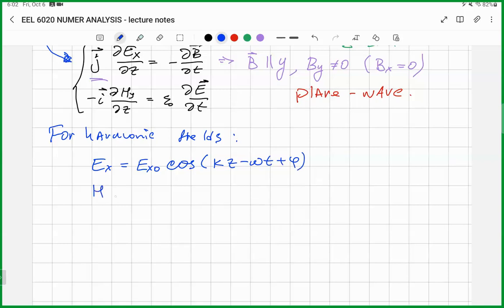And for the magnetic field, we have polarization along y, the amplitude Hy0 times cosine(kz minus omega t plus phase phi).